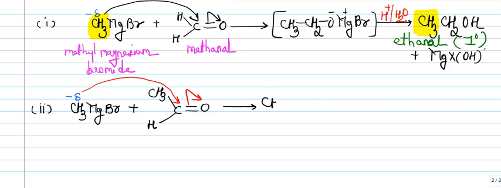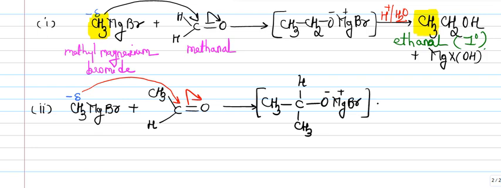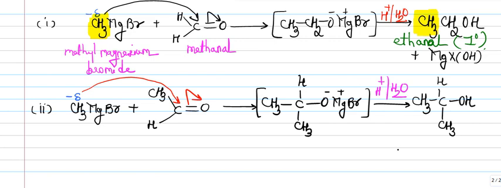This would give us a structure in which you have O minus MgBr plus, and this further undergoes hydrolysis to give propan-2-ol.